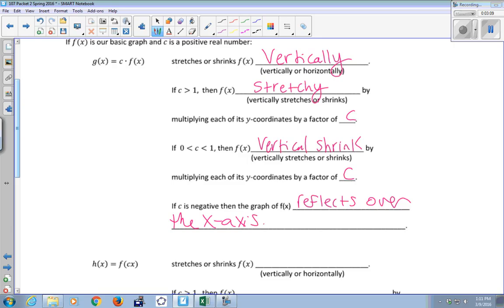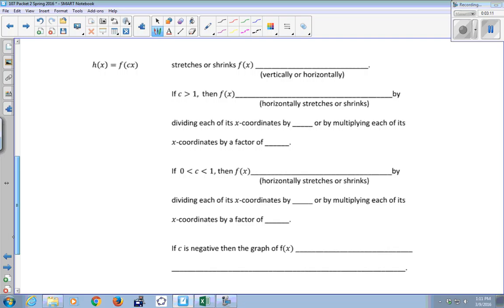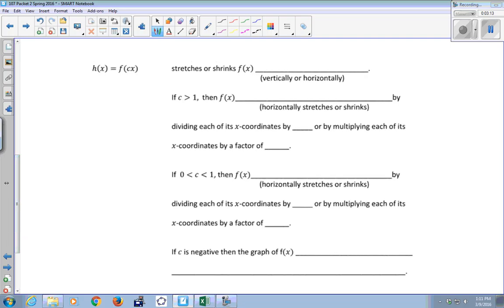All right, here's where it gets weird. Just like with our shifting rules, when the change is to the x value, inside the parentheses, it's definitely going to be a horizontal change, because we're changing x. But anytime you're changing x, the change is opposite of what your intuition says.